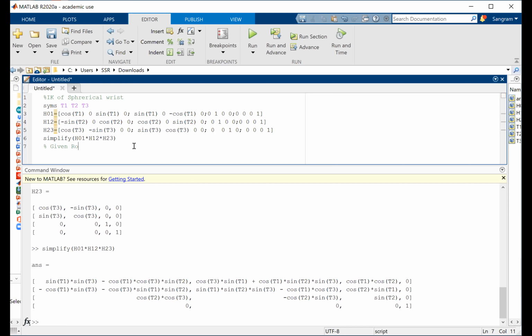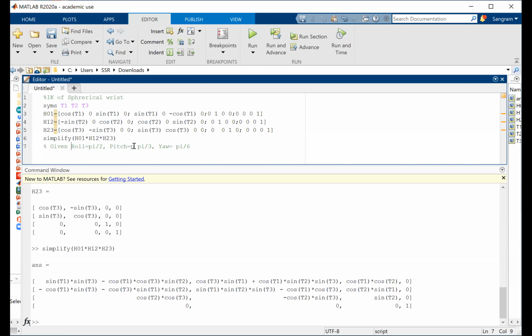So I'm going to write, given my roll angle is say pi by 2, my pitch angle, and this could be anything, is pi by 3, and the reason it's pi by 2, pi by 3 is because MATLAB requires the angles to be in radians, and my yaw is maybe pi by 6. So this is the final wrist orientation, the end effector orientation.